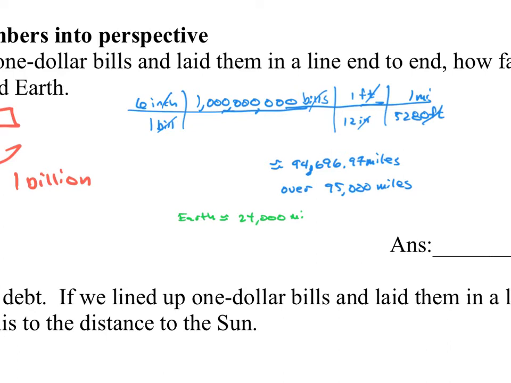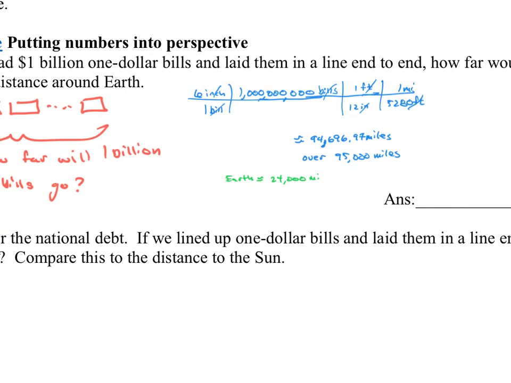Certainly I'd be able to go across the United States. In fact, if I took 1 billion $1 bills and lined them up, this pathway would go the entire way around Earth almost 4 times. So $1 billion is absolutely huge, absolutely huge.